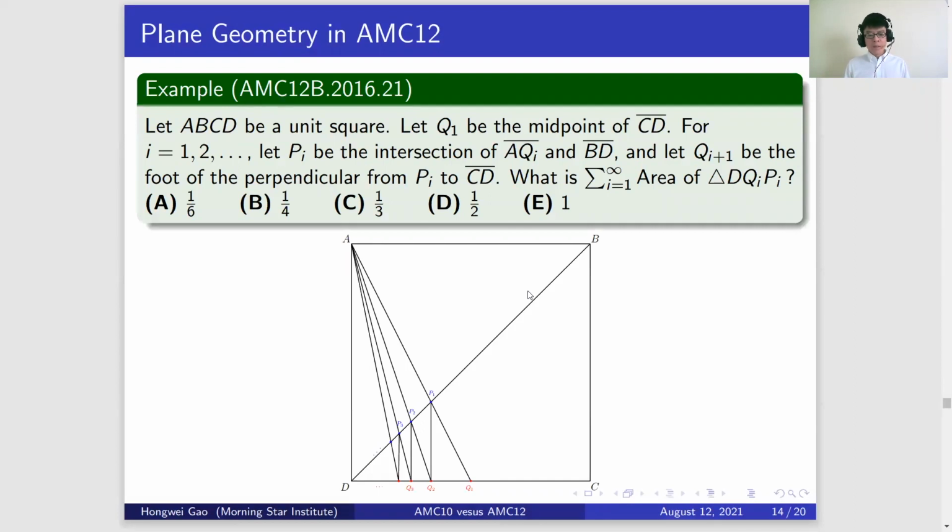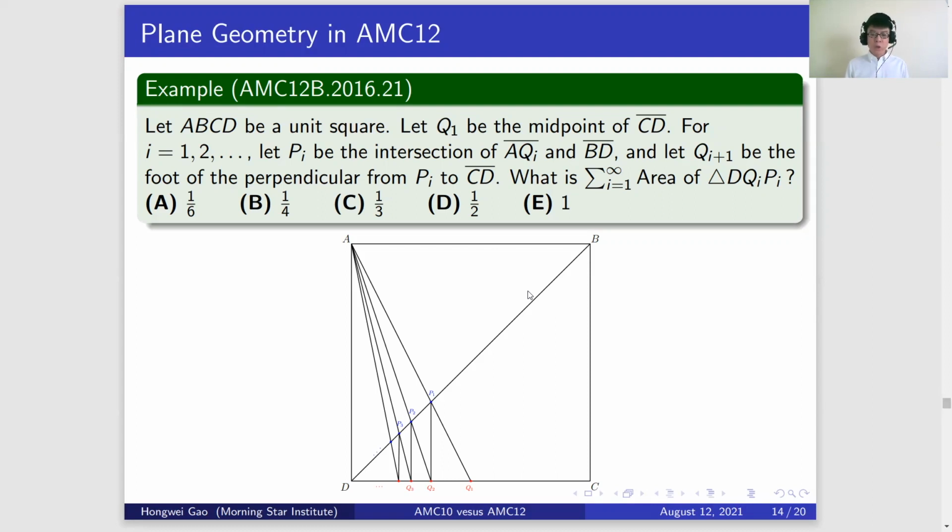Given Q1, the midpoint of CD, we connect AQ1, which intersects BD at P1. Next, P1 is projected to CD and produces the point Q2. Then connect AQ2 and intersect BD at P2. This kind of process repeats infinitely many times, creating two sequences.